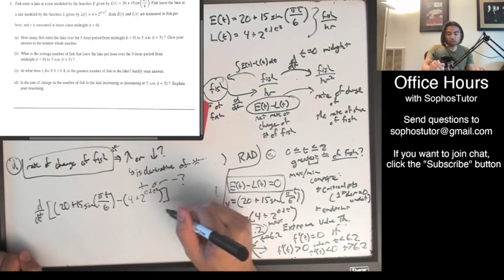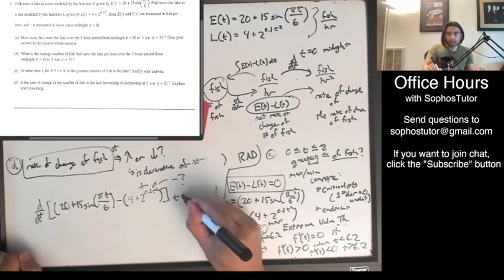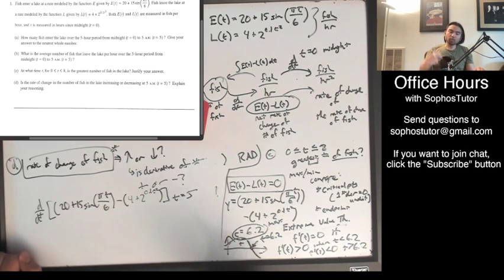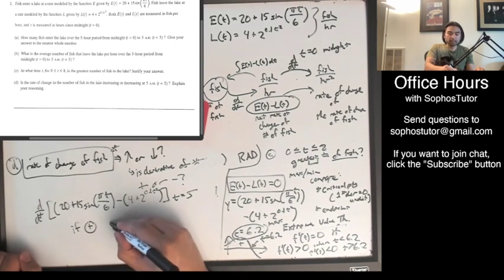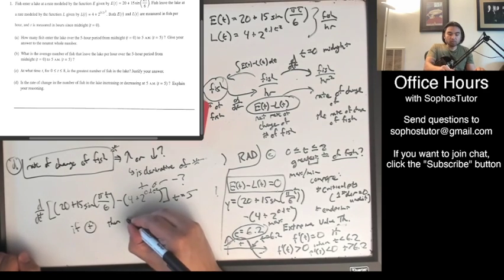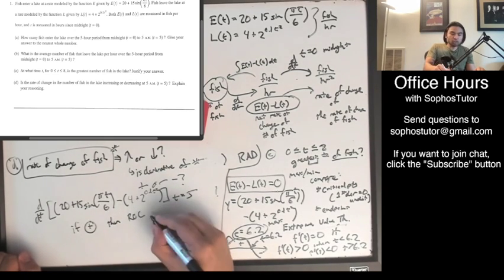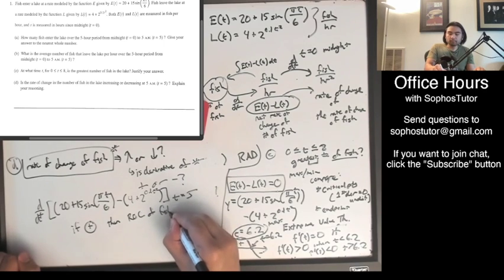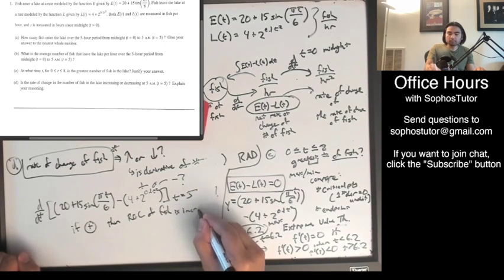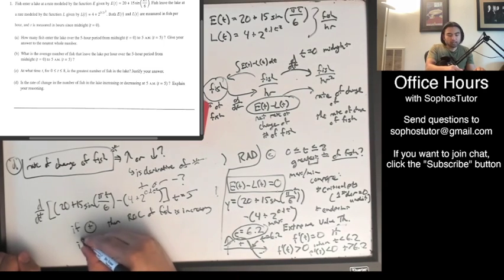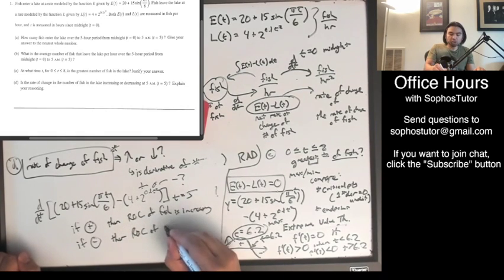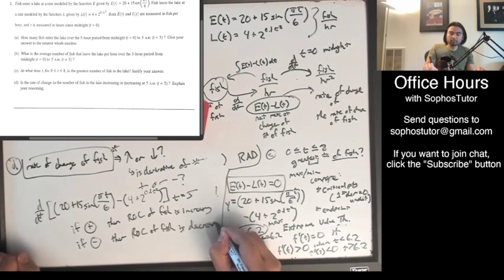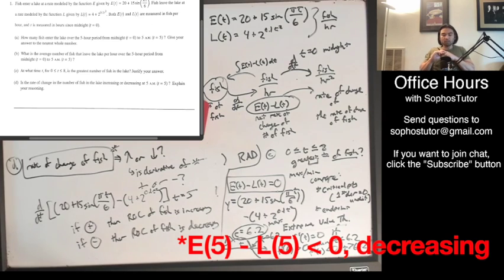And somewhere in a calculator, you should be able to say that t is equal to 5. And so if you put this in your calculator, if it's positive, then the rate of change of fish is increasing. Okay? If it's negative, then the rate of change of fish is decreasing. Okay?